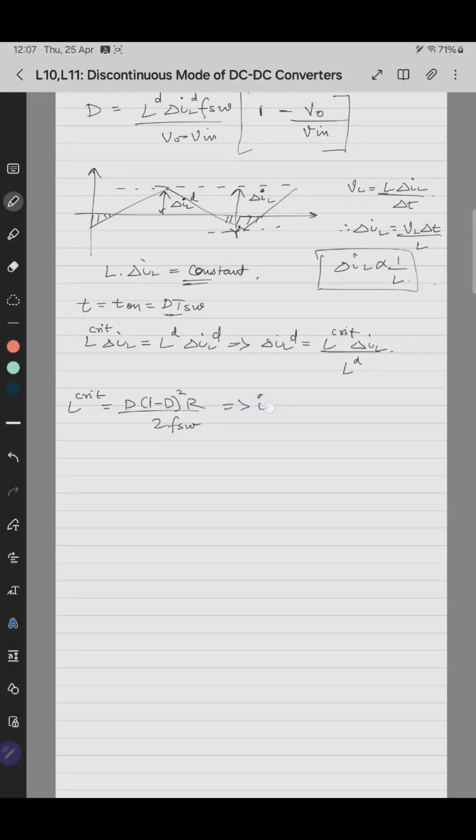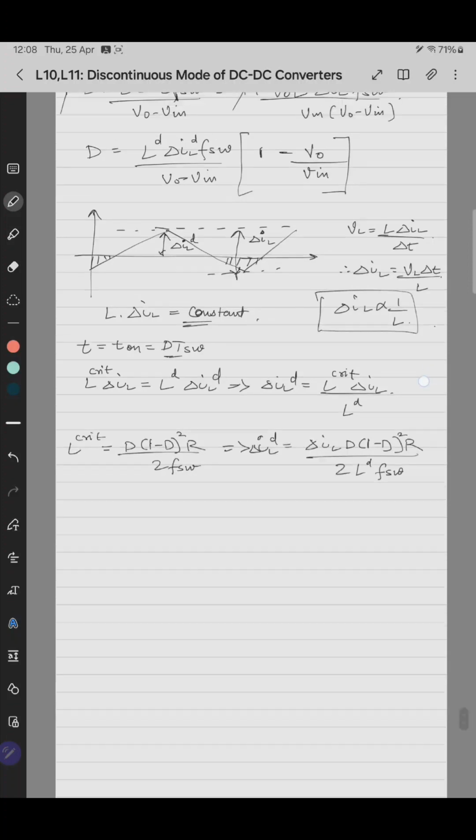So what will be delta I_L of D? It is delta I_L into D into (1 minus D) whole square R divided by 2 L_D into F switching. Yeah, so this is the thing.